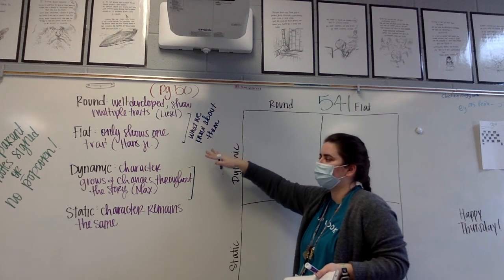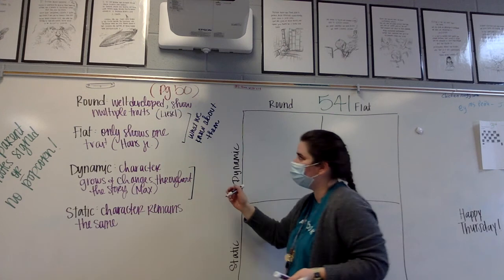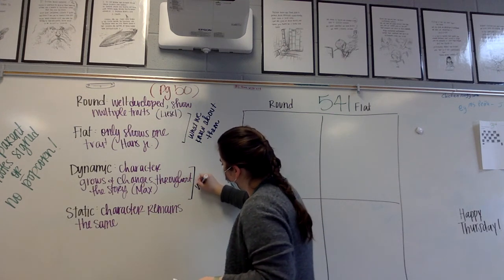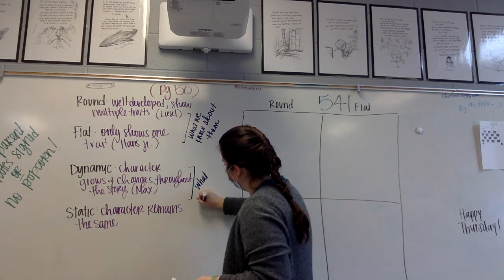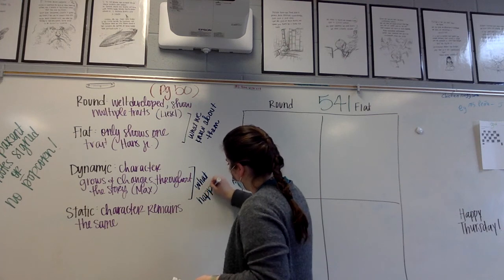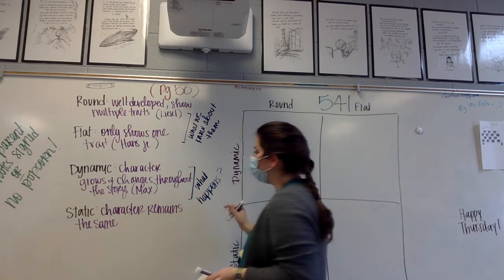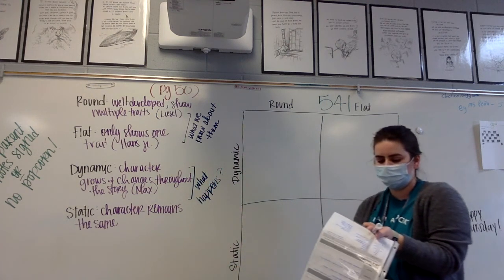Is it a round or a flat character? Dynamic and static refer to what happens to them. Do they grow? Do they change?